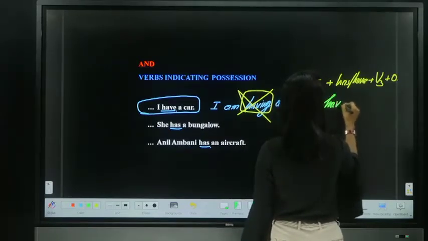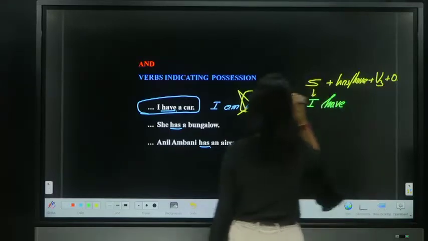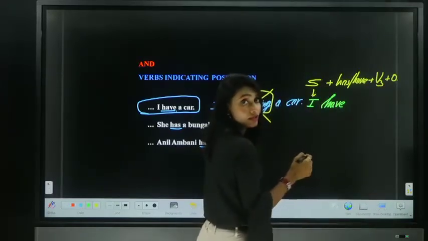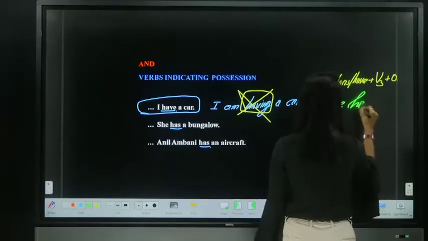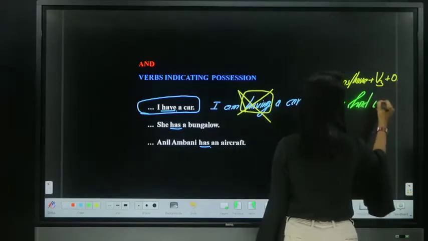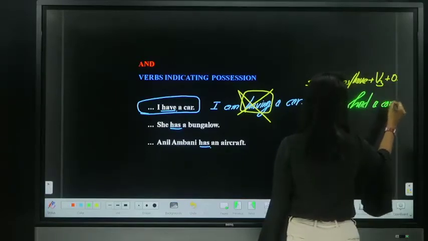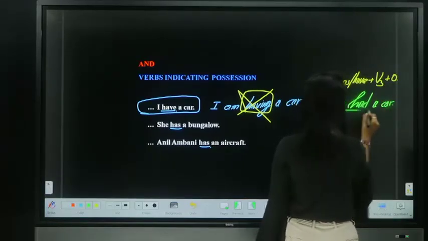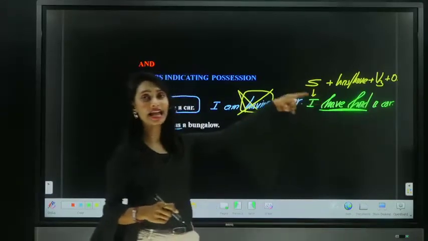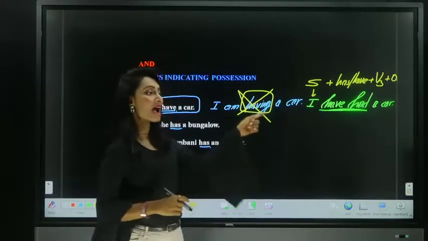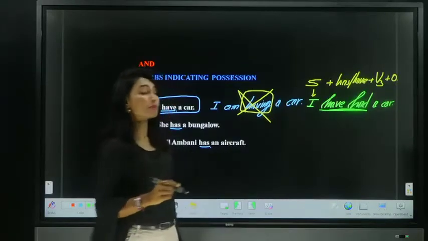I have. What is V3 of have, guys? I have had, object a car. See here. Have had is possible because the first have is auxiliary, the second have is the main verb. So I have had a car is the perfect tense.